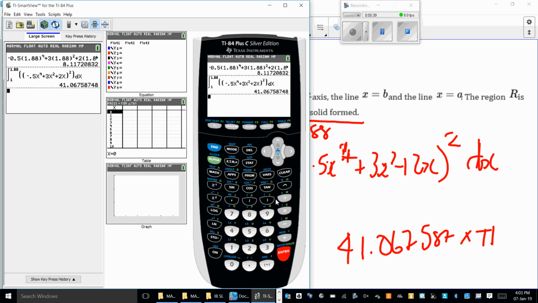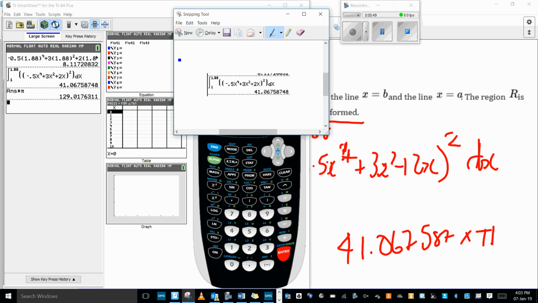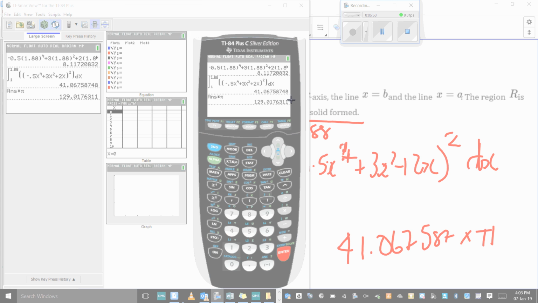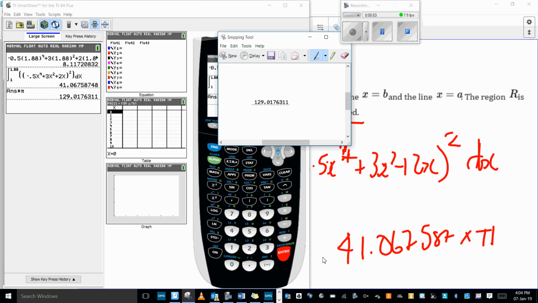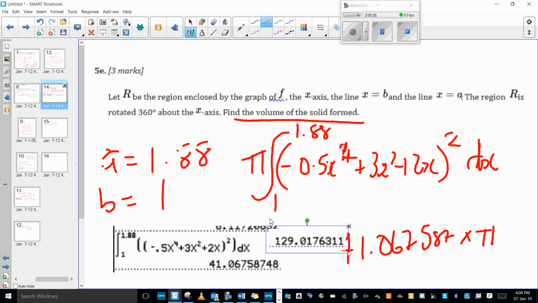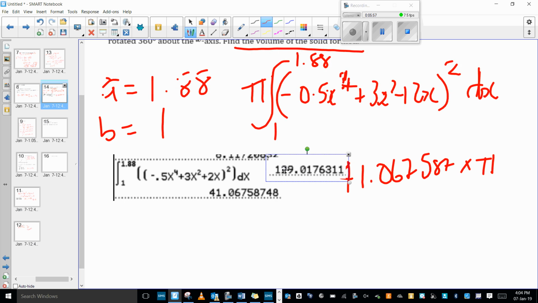So multiplied by pi gives us 129.01. So that's our answer. To 3 sig fig, it's 129.